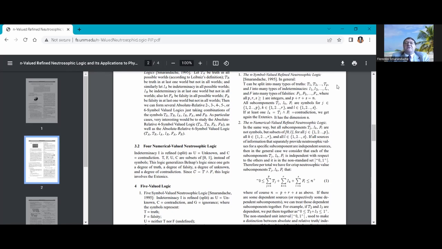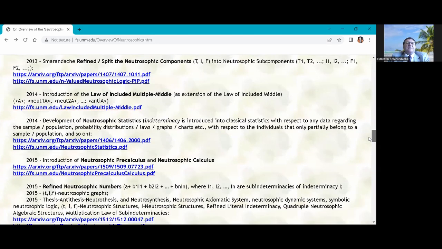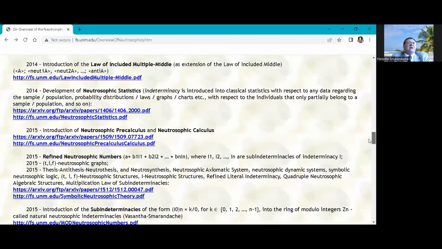So multiple types of indeterminacy and multiple types of falsities, F1, F2, Fs, in order to get more complex types from our everyday life.